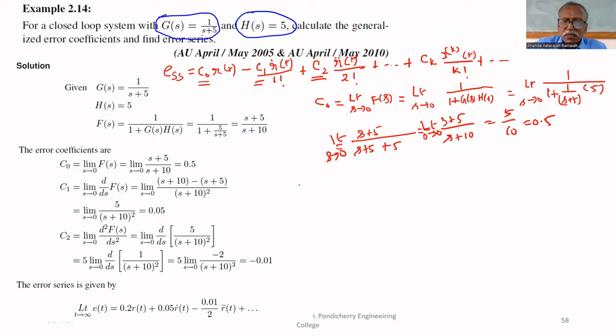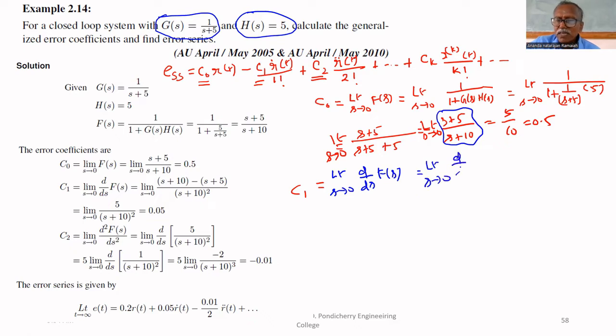What is C1? C1 equals limit s tends to 0 of d by ds of F of s. F of s is s plus 5 divided by s plus 10. Therefore, limit s tends to 0 of d by ds of s plus 5 upon s plus 10, equals (s plus 10) squared in the denominator.